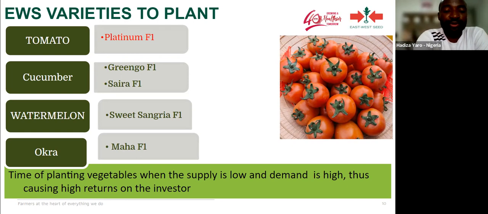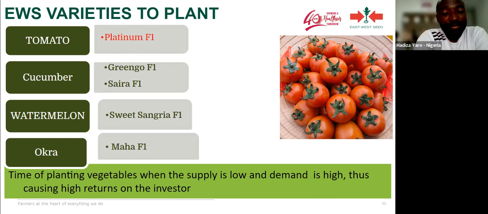It's also good for rainy season because it's a bit resistant to foliar diseases when planted early to the onset of rain and to the last end of rainfall. Sweet sangria is very sweet. The bricks ranges from 13 to 14.5.